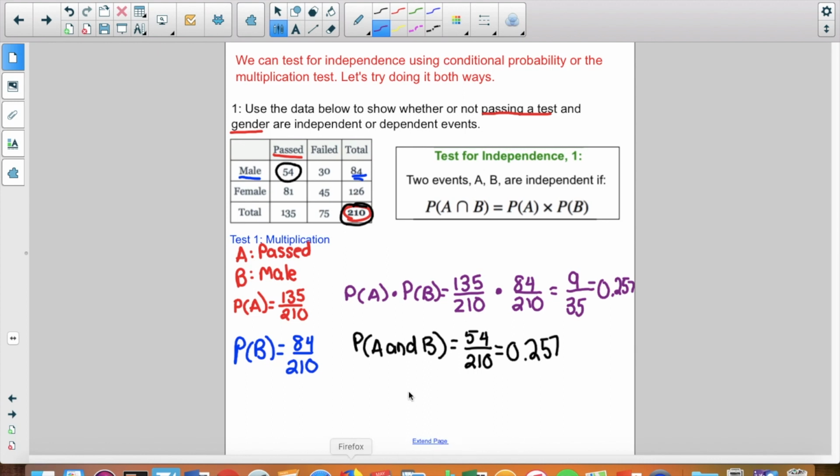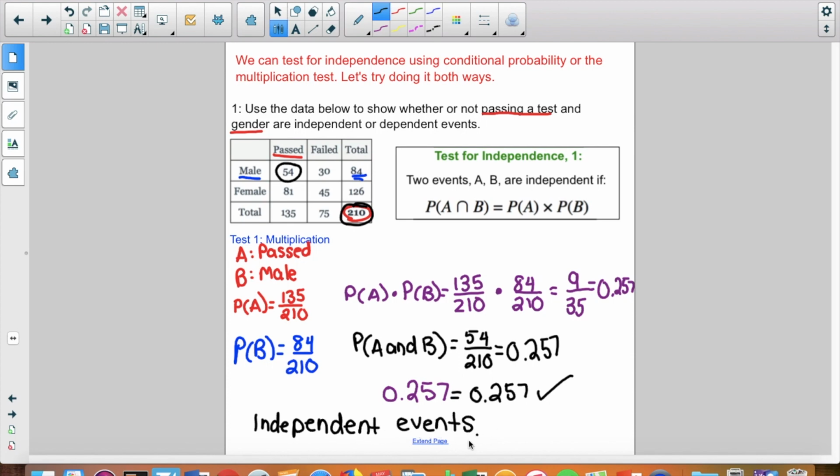Now we compare these two. 0.257 is equal to 0.257. They're the same decimal, so that means they are independent events. You can explain why, but I'm just going to write that for this one.